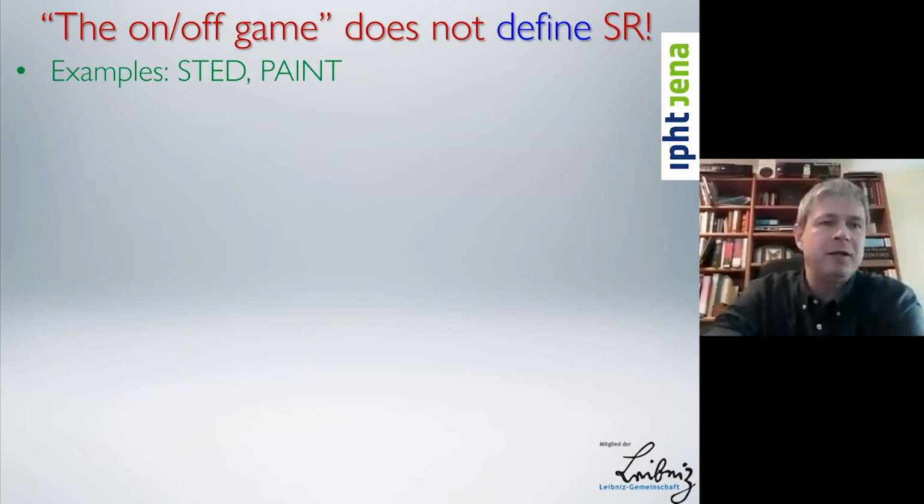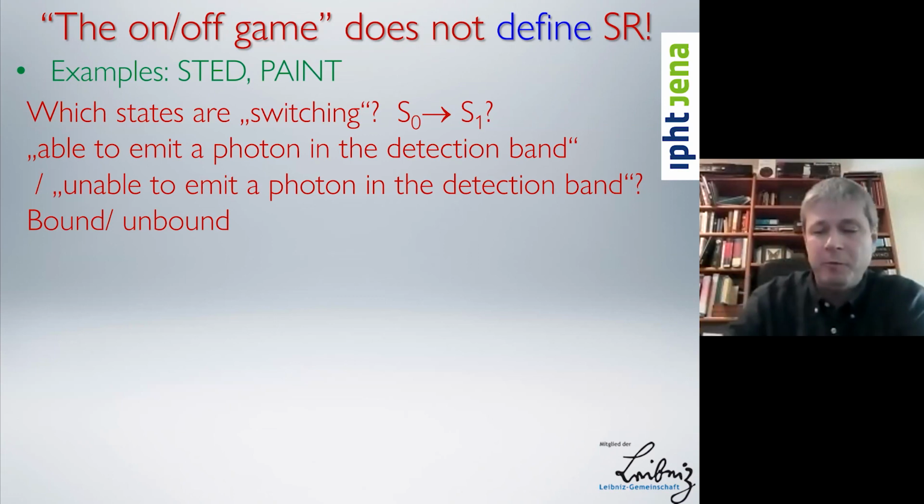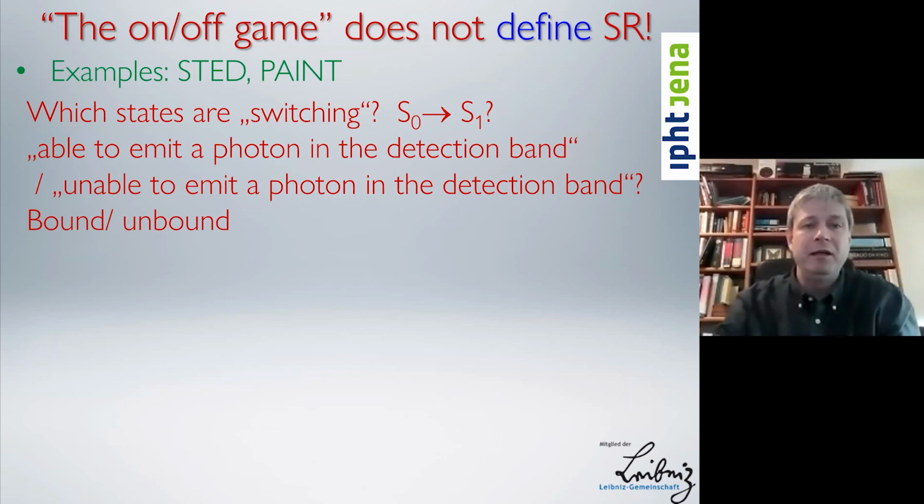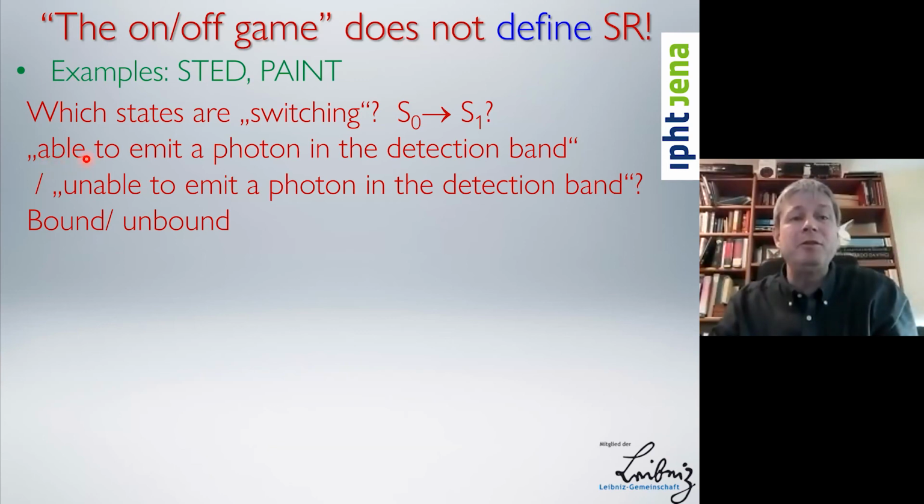And the same arguments you can do for STED and, for example, for PAINT. So what is the switching in STED really? Is it the switching from S0 to S1 state? Clearly not, or from S1 to S0. That's not meant. So I think the arguments are more like you're switching between these states of able to emit a photon in the detection band or unable to emit a photon in the detection band.